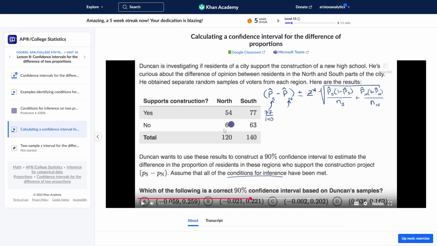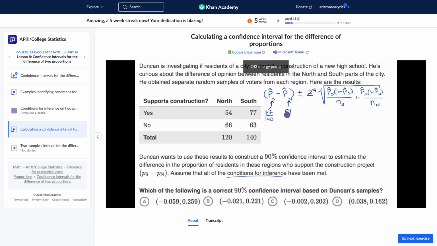Normally this would be p hat times 1 minus p hat over n. Now we're combining them. In the north, it is going to be 54 out of 120. What is my critical z value?